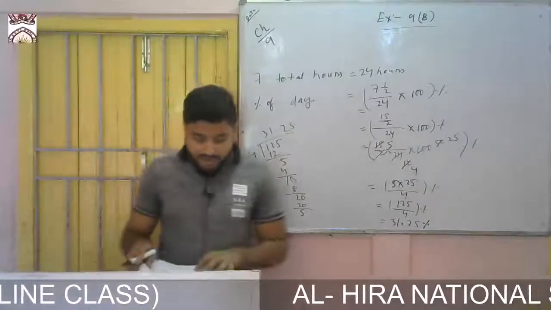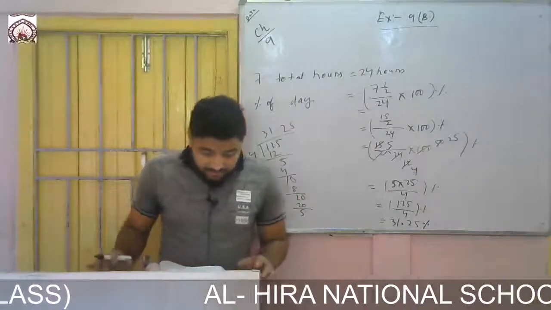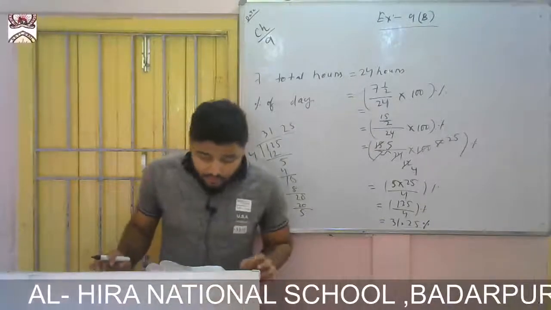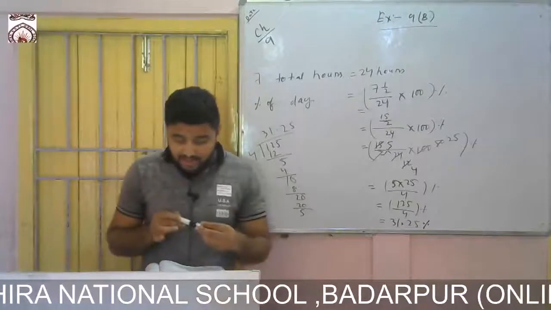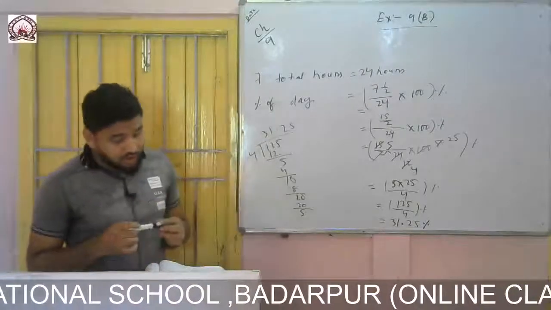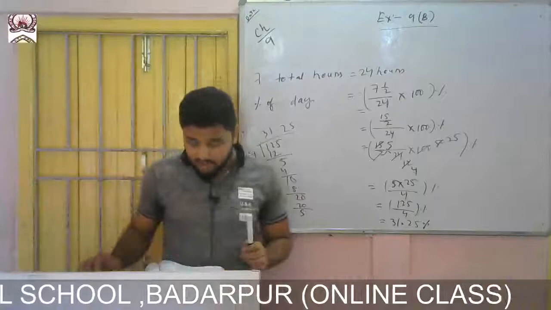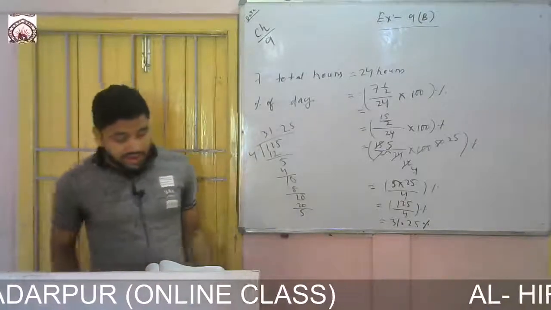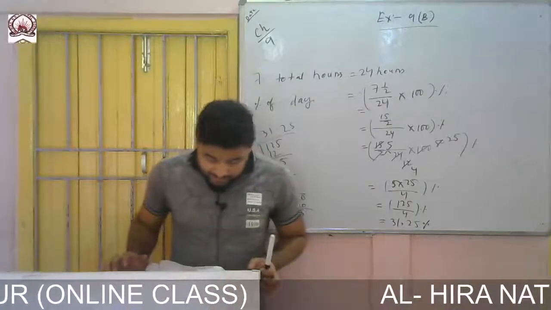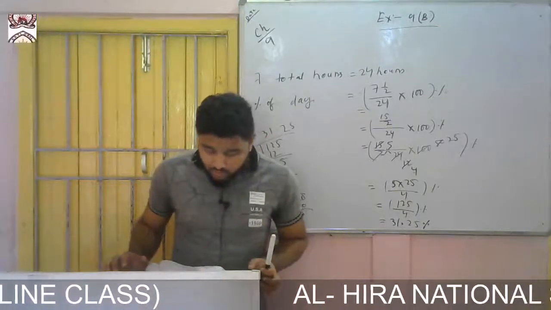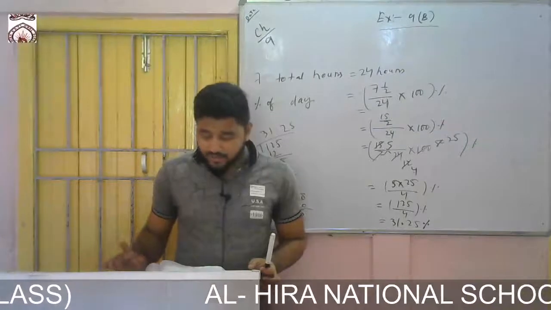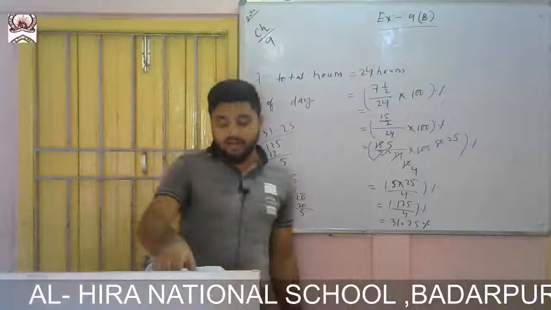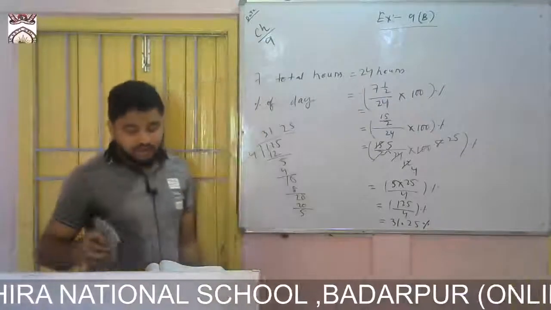Now come to question number 8. A certain alloy consists of 3 parts of tin to 5 parts of copper. What is the percentage composition of the alloy? The hint given is the ratio of tin to copper, the ratio of 3 to 5.